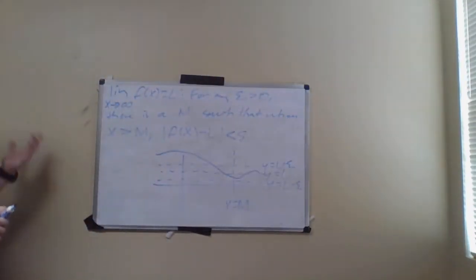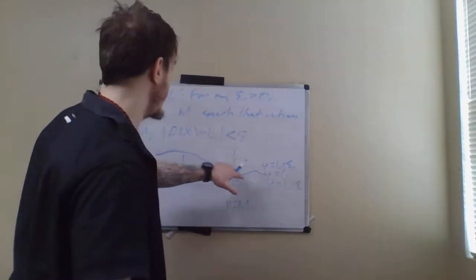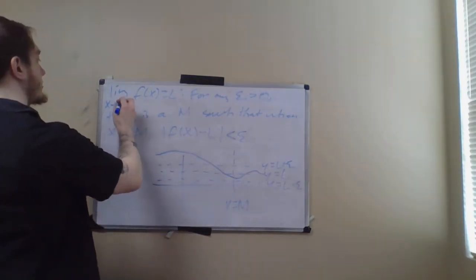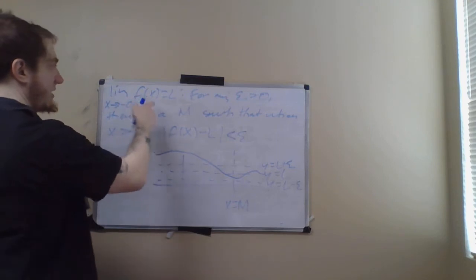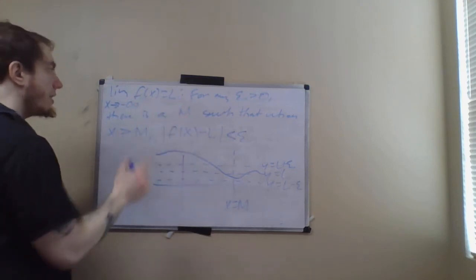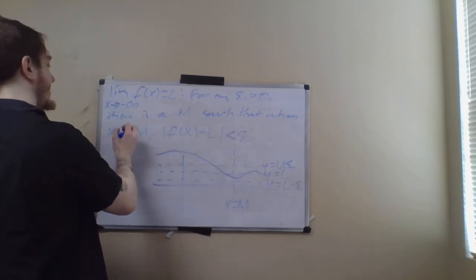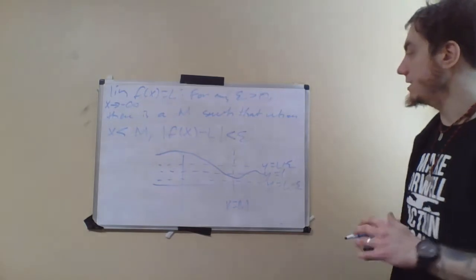Same kind of deal happens if we're talking about limits towards negative infinity, except we're going to take this picture and turn it around. So we will say that the limit as x approaches negative infinity of f of x is equal to L if, for any epsilon bigger than 0, there is an m such that when x is less than m, the absolute value of f of x minus L is less than epsilon.